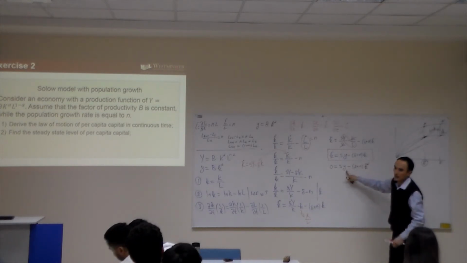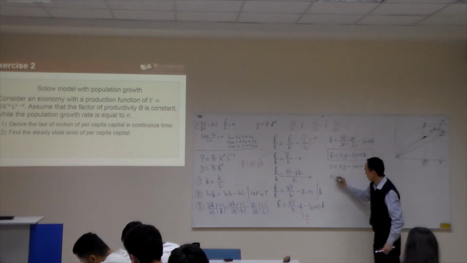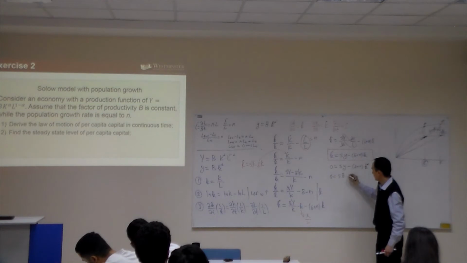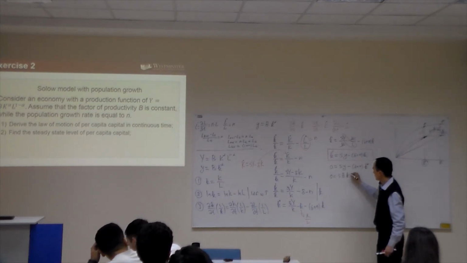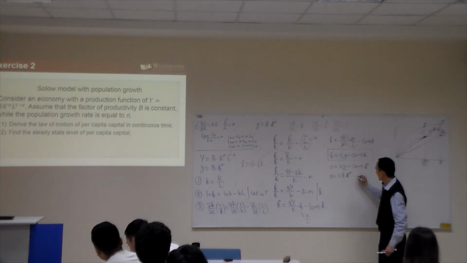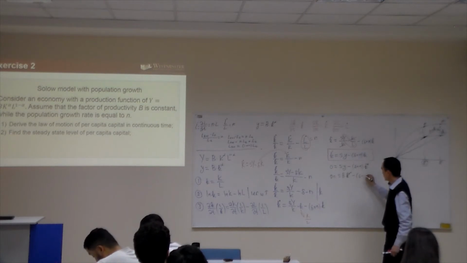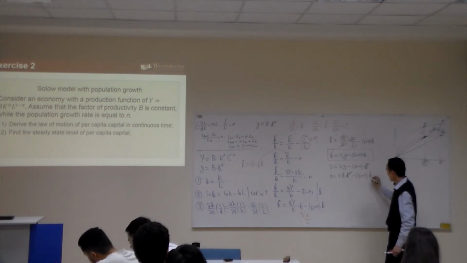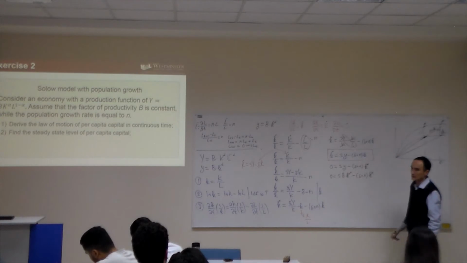We know what our Y is equal to. 0 equal saving rate times technology times per capita capital in the steady state level to the power of alpha minus depreciation plus growth in population times per capita capital star.